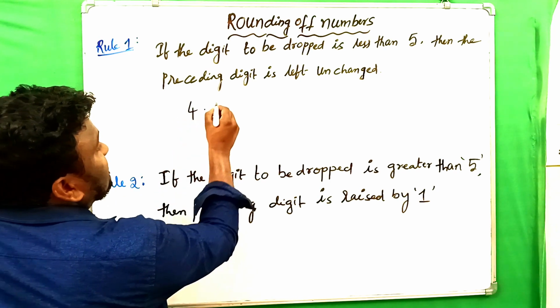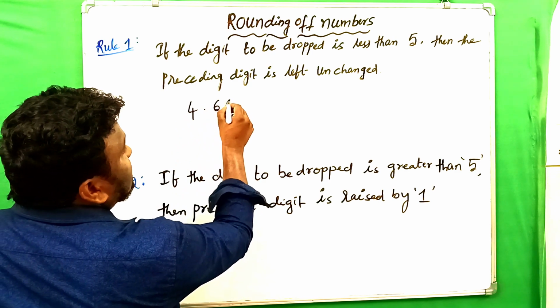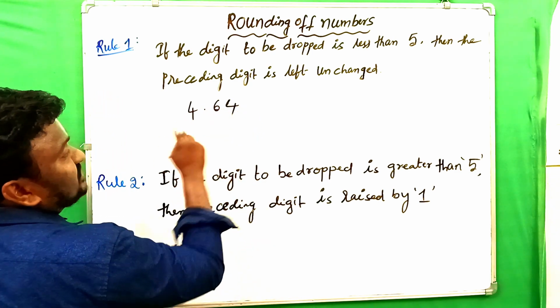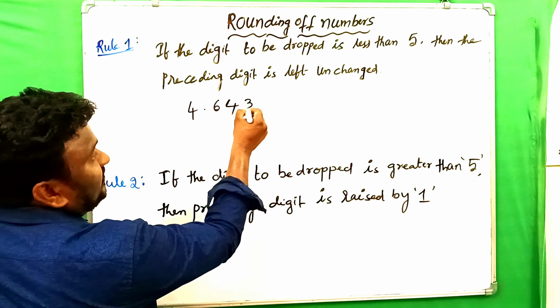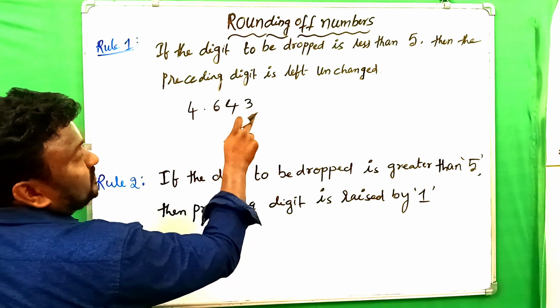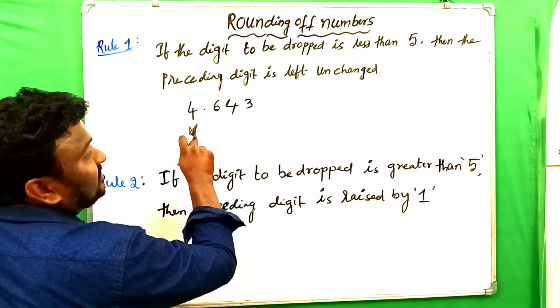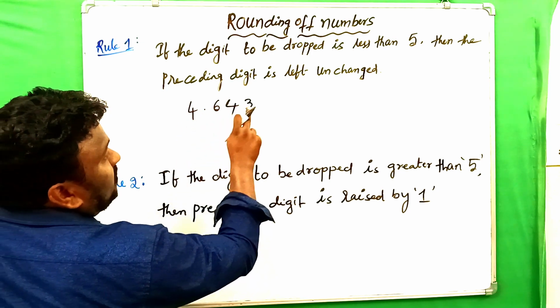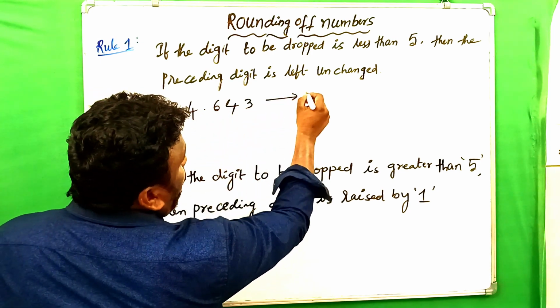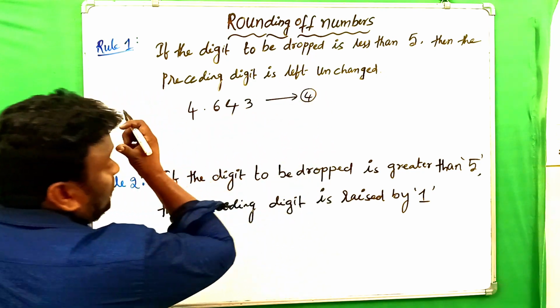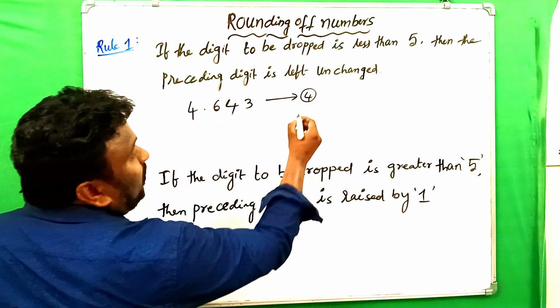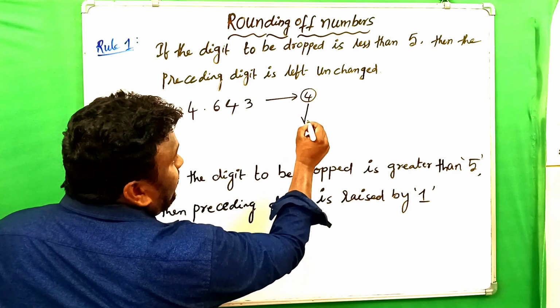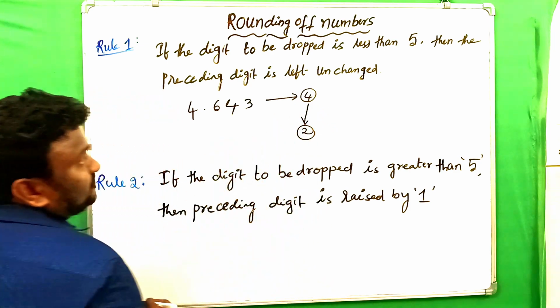Take the number 4.643. How many significant figures are there here? 1, 2, 3, 4: four significant figures. Now we want to round off to 2 significant figures.